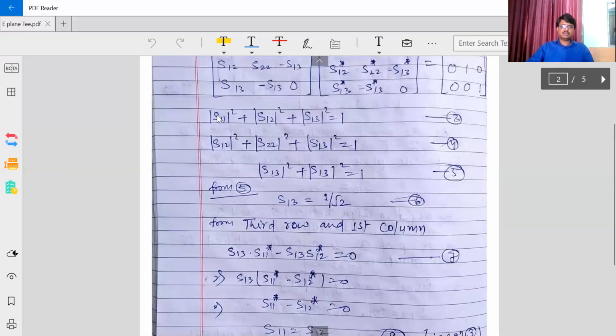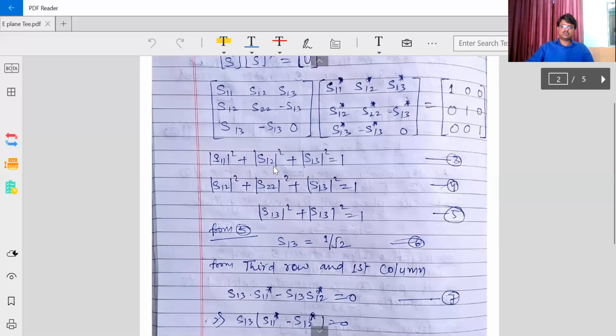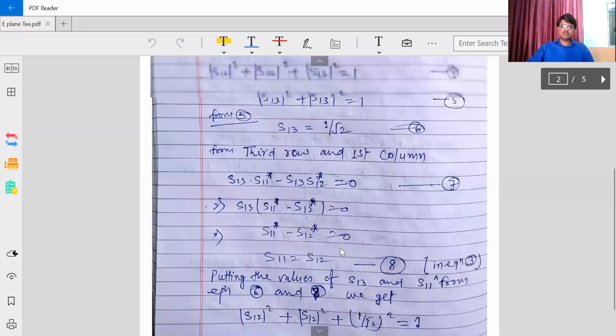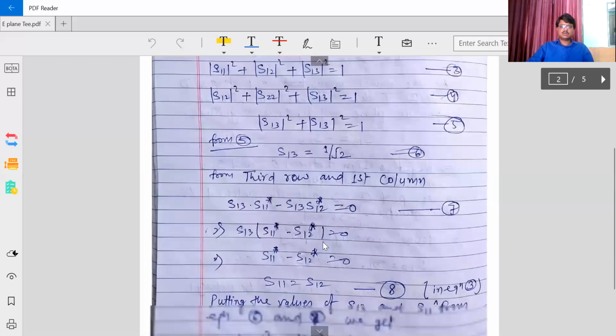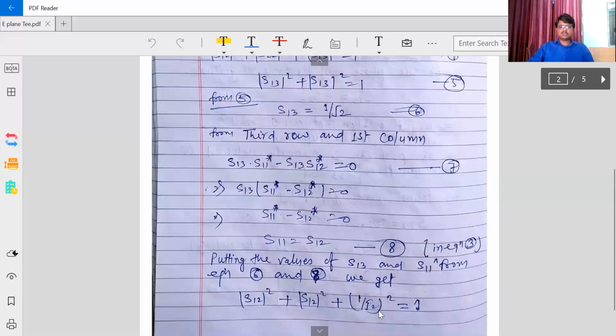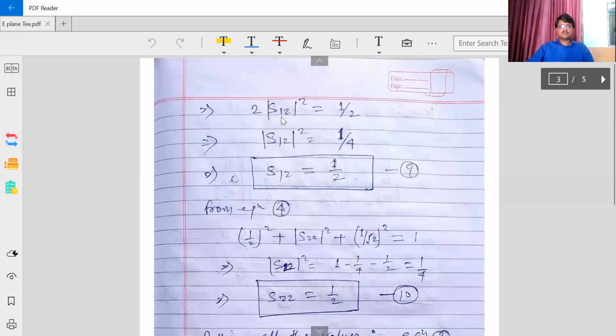We put S12 in place of S11, so S12 whole square, and this is again S12 whole square, and the last term is S13, so S13 is 1 by root 2 whole square, is equal to 1. So by solving this equation, we get 2 S12 whole square is equal to 1 by 2, S12 whole square is equal to 1 by 4, S12 equal to 1 by 2.